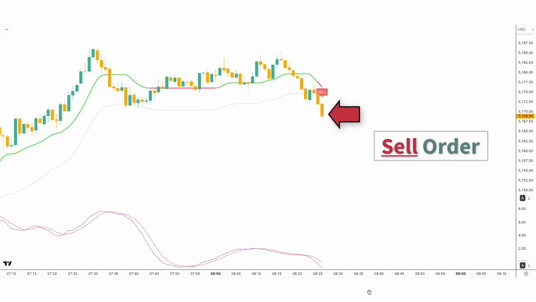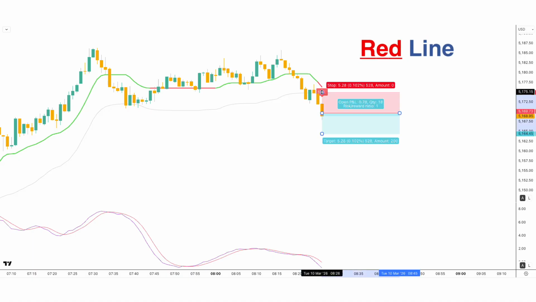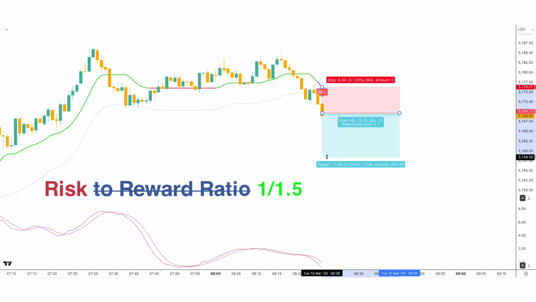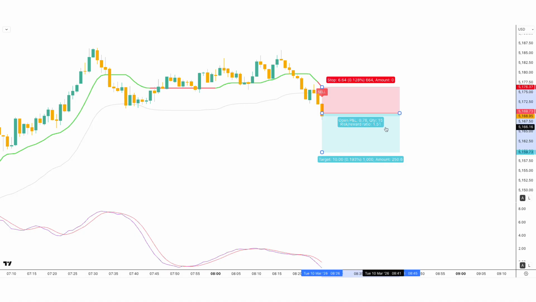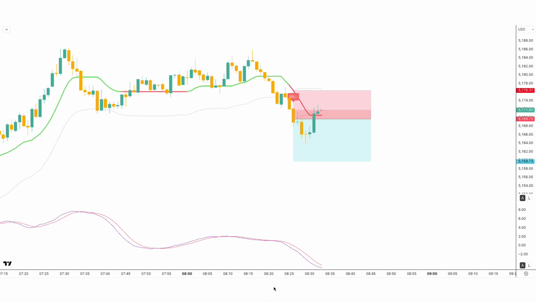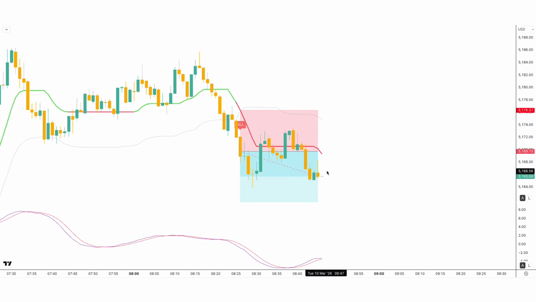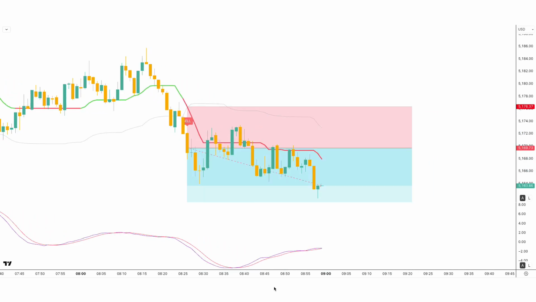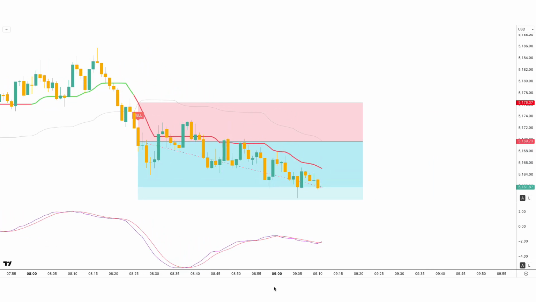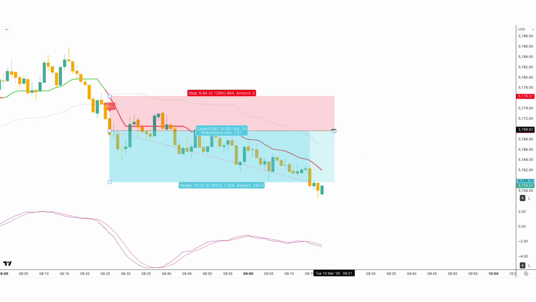If this condition is fulfilled, then we will place a sell order. Our stop loss is to be placed at the red line, and the risk to reward ratio will be 1:1.5. The market has completely hit the target.